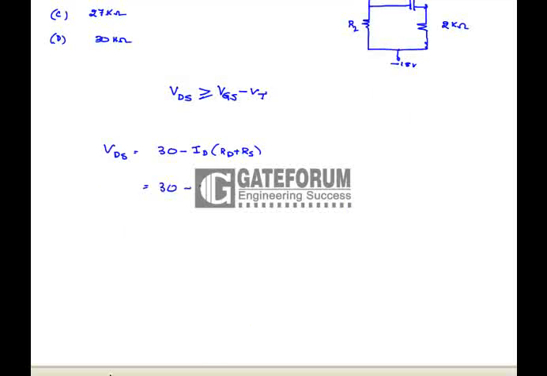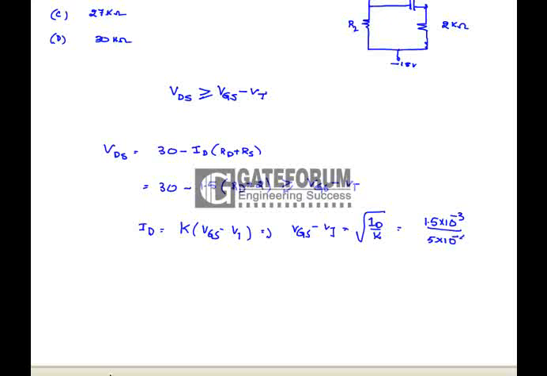Here 30 minus 1.5 times (RD plus 2) must be greater than or equal to VGS minus VT. Here we know ID is equal to K into (VGS minus VT) square, so VGS minus VT is equal to the square root of ID by K, which is 1.5 into 10 power minus 3 divided by 5 into 10 power minus 4, under root.